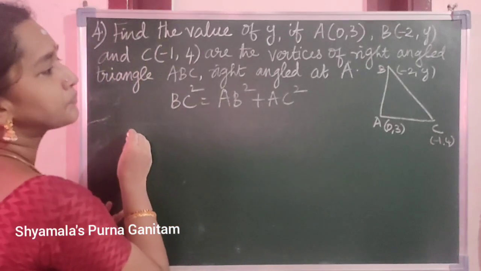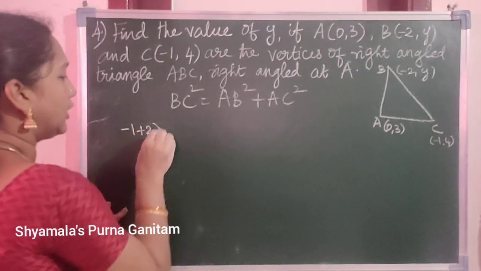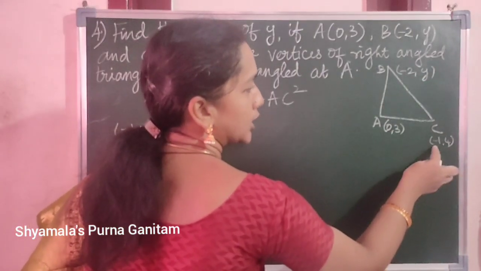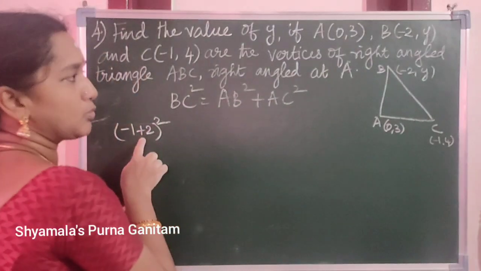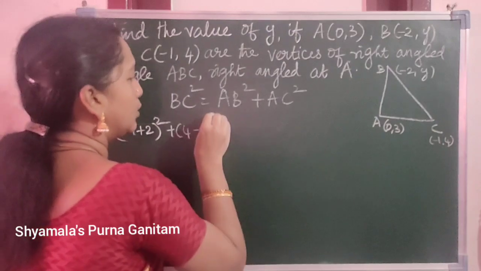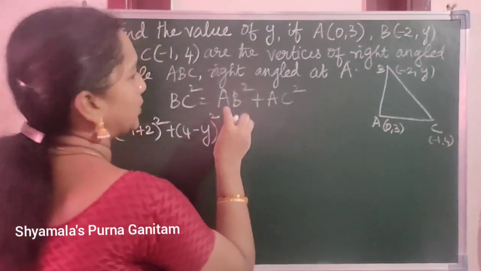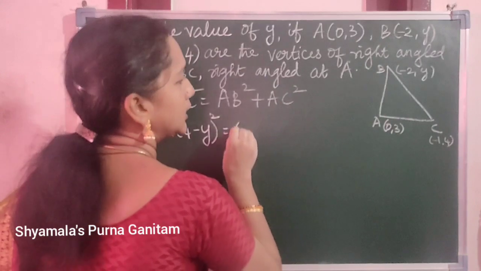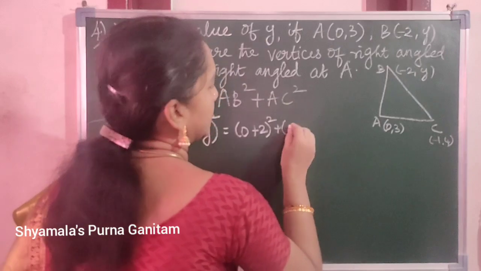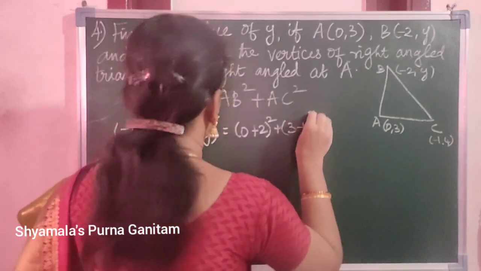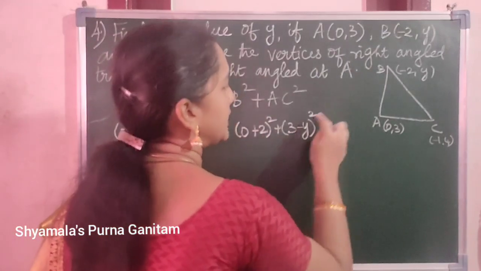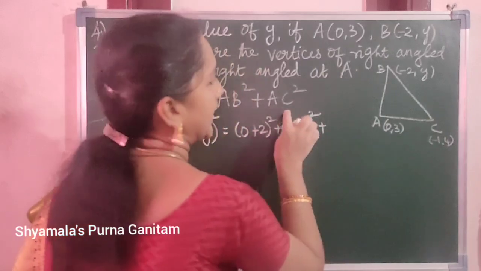So for BC squared, it is minus 1 plus 2 the whole square. So x1, y1, x2, y2: x2 minus x1, so minus of minus 2, plus y2 minus y1 the whole square, is equal to AB squared. So 0 minus of minus 2 the whole square plus 3 minus y the whole square, that is x2 minus x1 the whole square plus y2 minus y1 the whole square, plus AC squared.